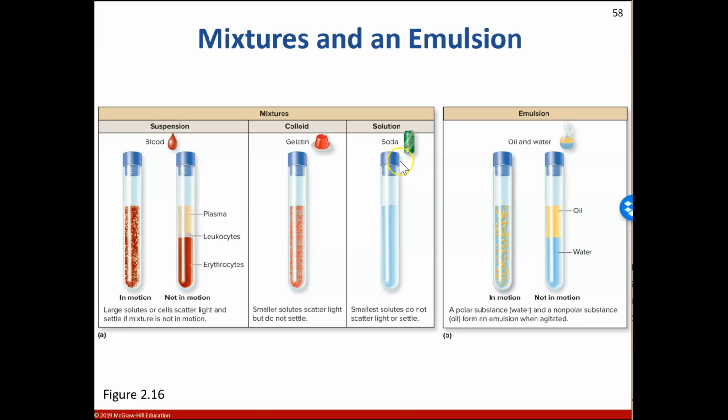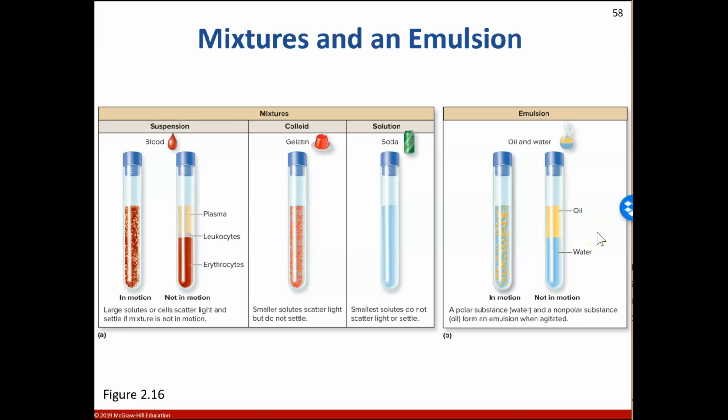And solution, where we see our smallest solutes are not scattering light or settling within this test tube. Another example of that would be like soda. And here's emulsion, where when we have our test tube in motion, the oil forms these little, almost like those micelles we saw in previous sections, whereas when it's not in motion, they separate out and we have that exclusion that is taking place.